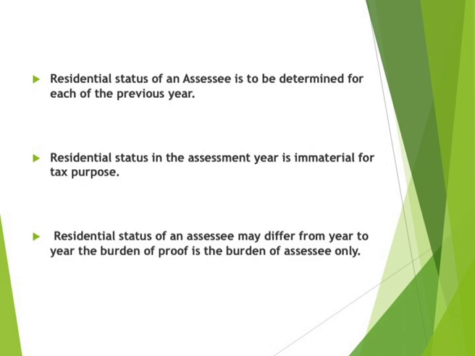Now, the residential status of an assessee may differ from year to year, because the burden of proof is on the assessee only. Why? Because it is the duty of the assessee to prove that he or she is a resident.